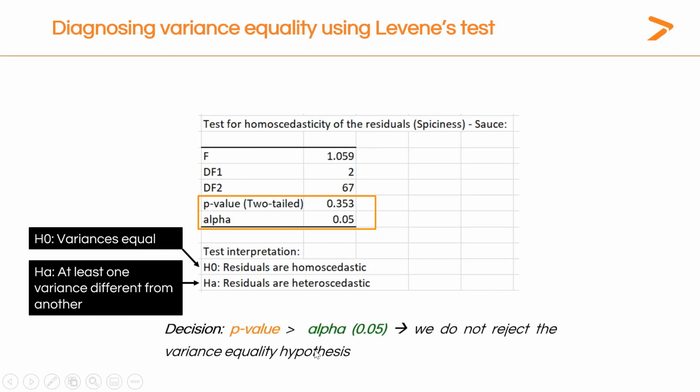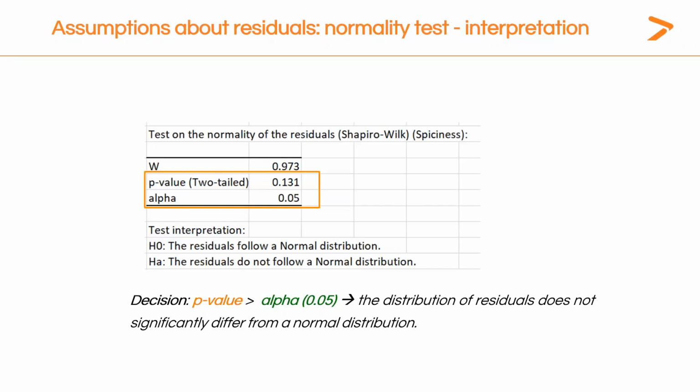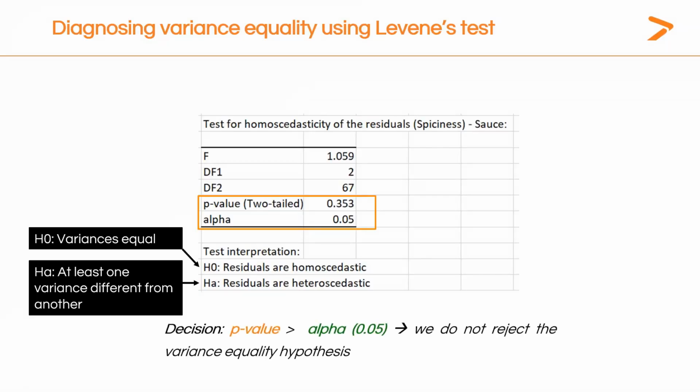As the p-value is higher than alpha, we do not reject the null hypothesis that states that variances are equal. So we are happy. Just one little thing about the test of normality. Please be very careful when using this test. It's really not reliable when you have a low number of observations. Only use it when you have enough observations in your data set.